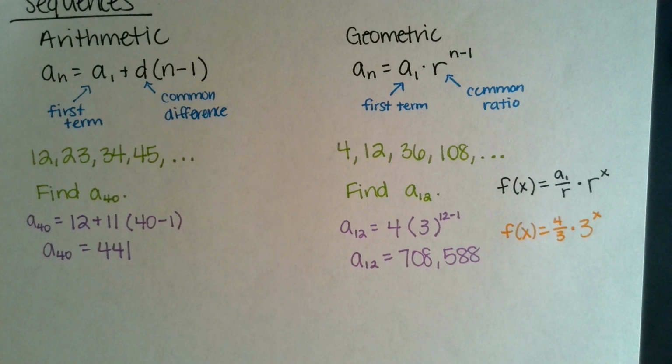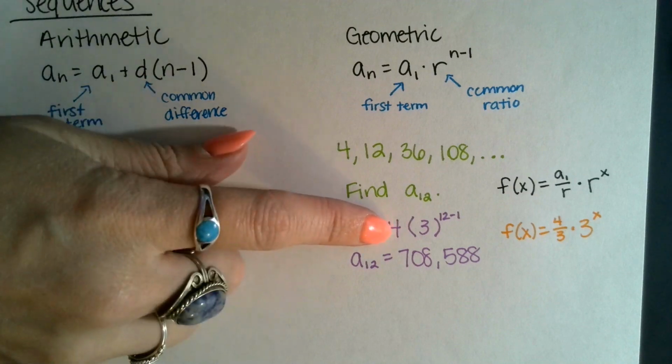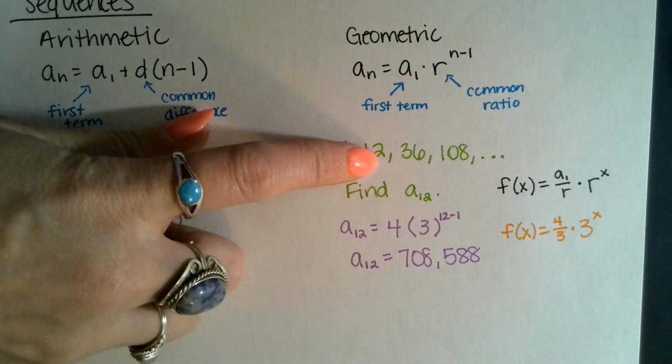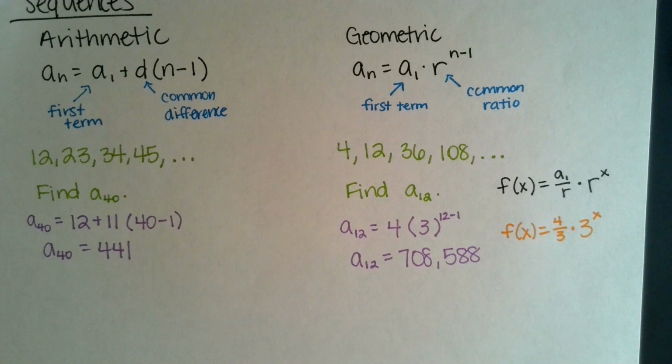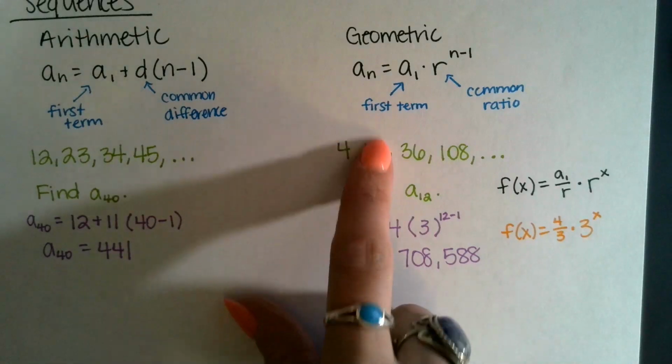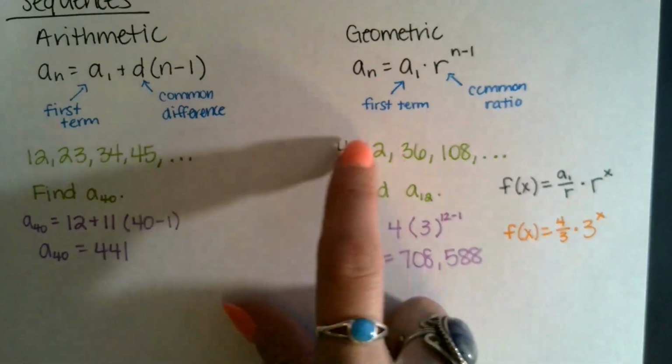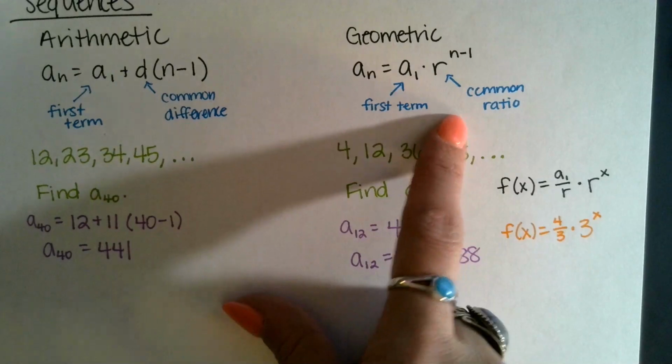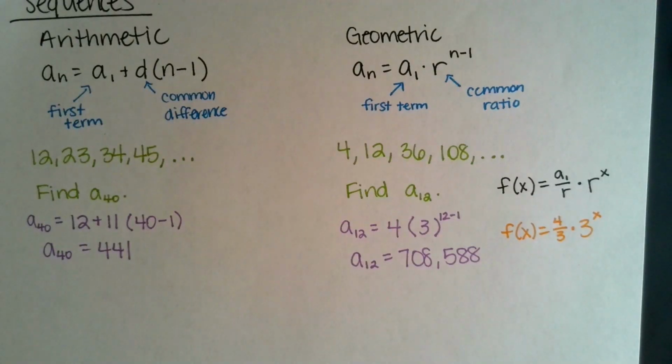Either way, if you can go from the explicit formula to creating a sequence, all you have to do is assign your input values of first term, second term, third term, fourth term. So 1, 2, 3, 4. Plug them into the functions and see which ones give you the right answers, right?